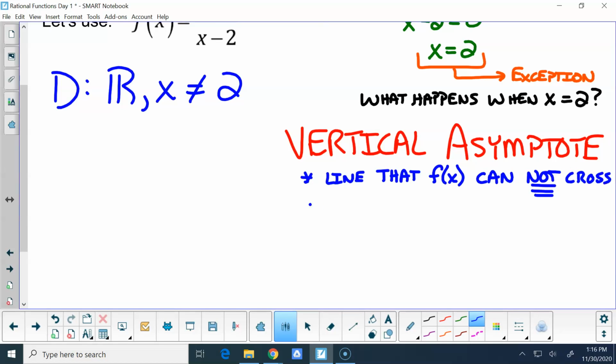When we get to graphing, which we will get to on Thursday, it will be a dashed line and it must be on the graph.